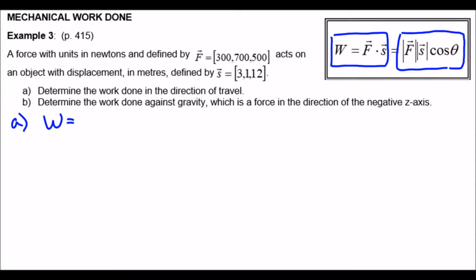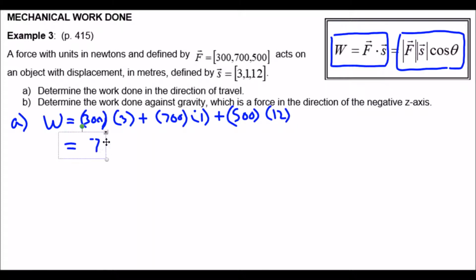So here we go. I'm going to have 300 times 3 plus 700 times 1 plus 500 times 12, which will give me a total of 7,600.